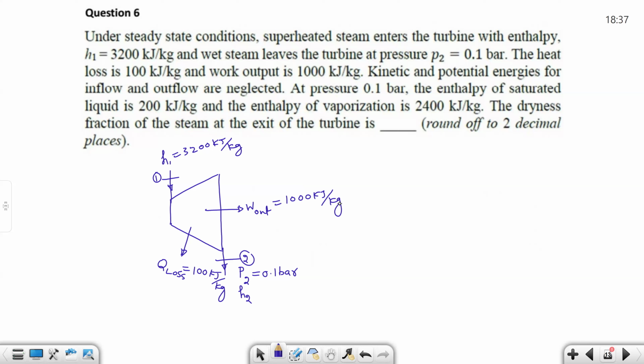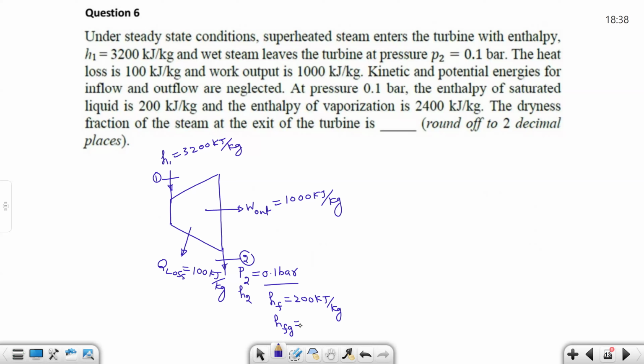At the pressure 0.1, you are given the saturated liquid enthalpy HF, 200 kilojoule per kilogram. The enthalpy of vaporization is the phase change enthalpy, liquid to gas.